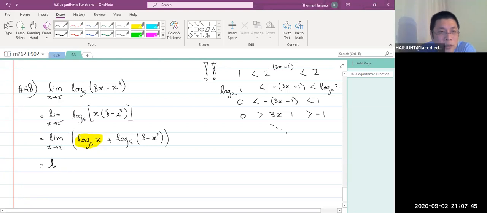So limit x going to 2 from the left hand side of log base 5 of x, plus limit x going to 2 from the left hand side of log base 5 of 8 minus x cubed.